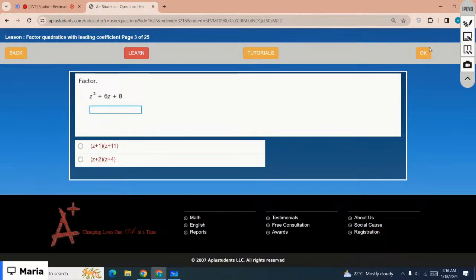Okay, the next one is z square plus 6z plus 8.